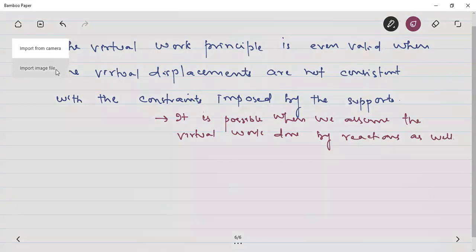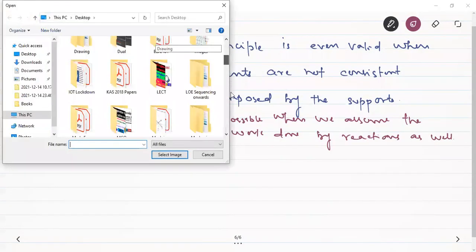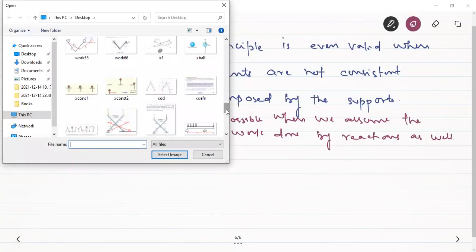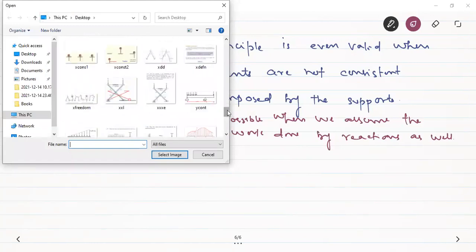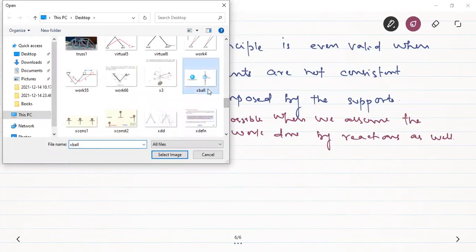So if you remember the example, I think I had given in the first lecture of that ball. I want to show that again.